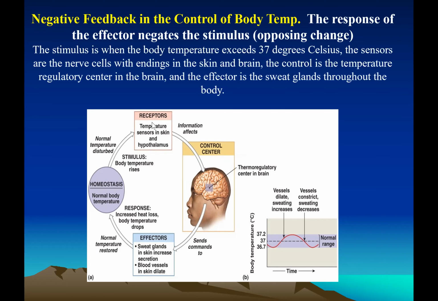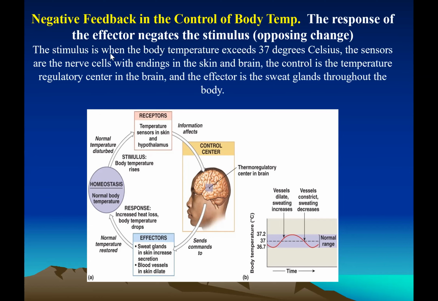So that information goes to the control center in the brain, and then the brain will send a command through the effectors to the sweat glands in your skin, commanding the sweat glands to sweat. When the sweat leaves the body and evaporates, it will cool the skin down. The blood vessels will also dilate, thereby restoring the normal body temperature.